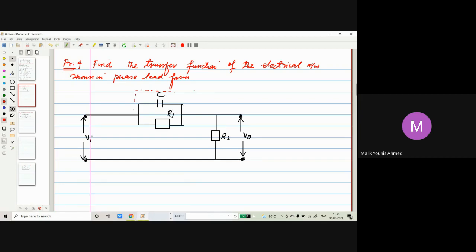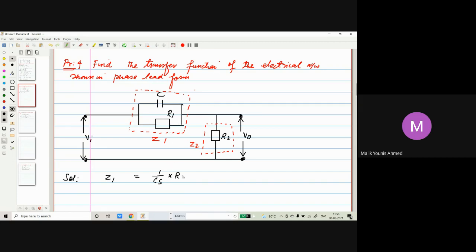Let's consider this as Z1, this as Z2. Z1 we can write as both combinations are in parallel, that is, the resistor and capacitor are in parallel. Laplace transform of C is 1 by Cs, R1 is R1.